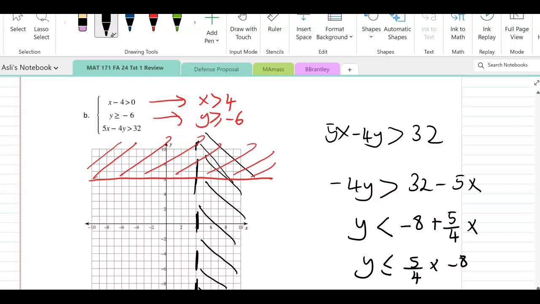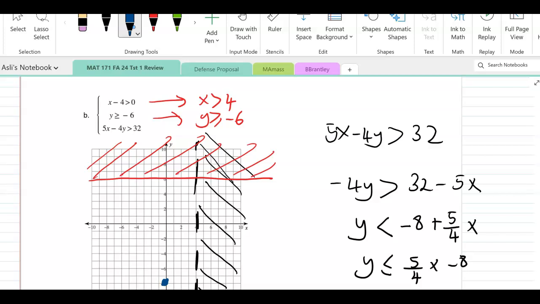So how are we going to draw this line? First of all, this line has a positive slope and negative 8 y-intercept. So let's get that. So negative 8, and this line does have a negative slope. Okay, let me find that.